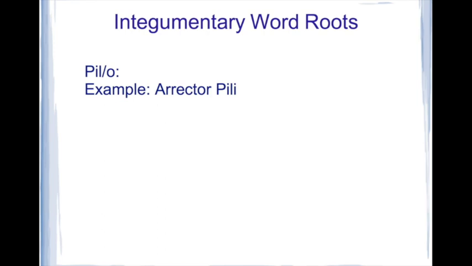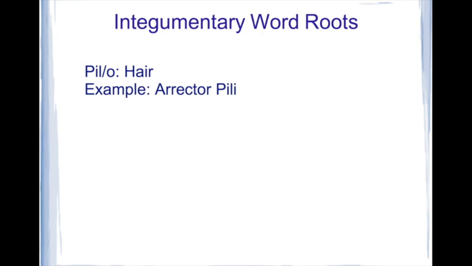Erector means to stand up, right? And what do they stand up in the skin? The erector pili muscles stand hair up. That gives us our goosebumps, which is kind of a defense mechanism for us. It helps with temperature regulation.